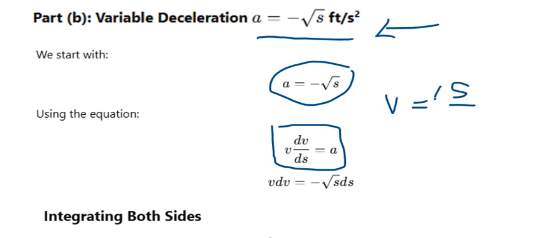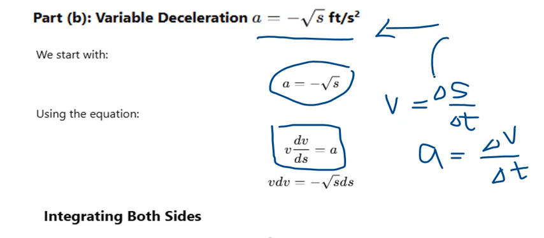Remember the change in position by time, and then acceleration is the change in velocity per time. Of course this is just a regular change, so we replace that with the little change d. All the triangles are replaced by d, and then we get rid of the time, and from there we get this.